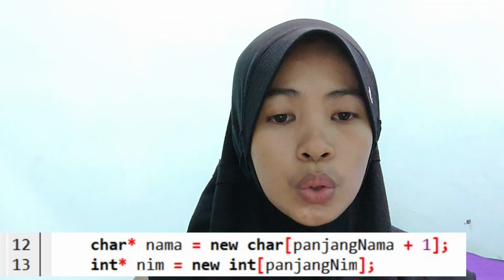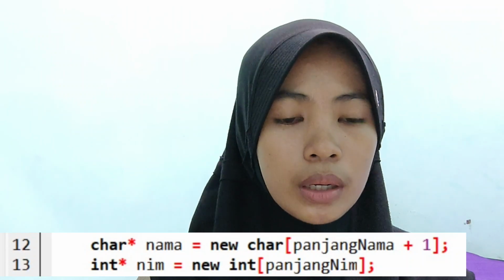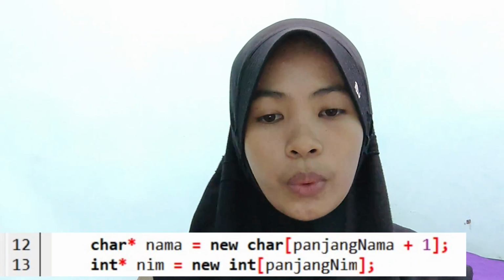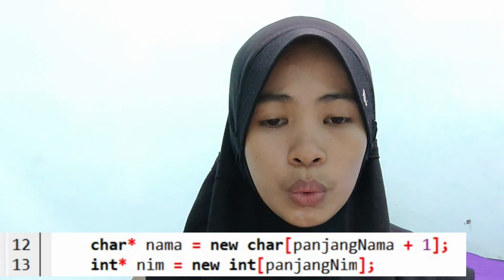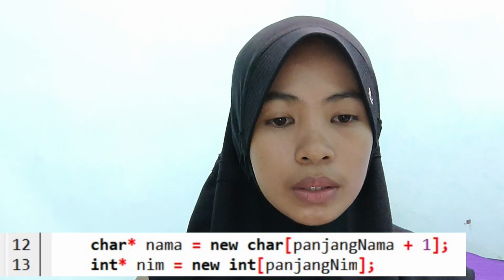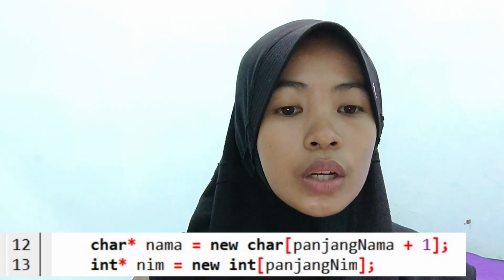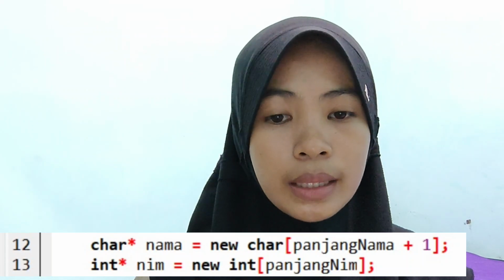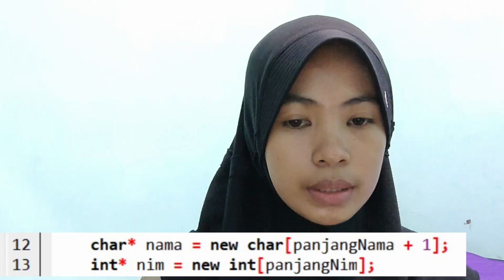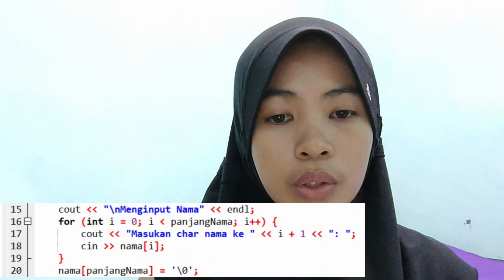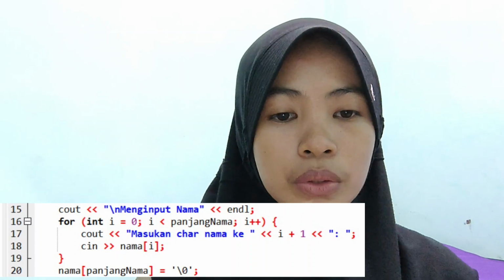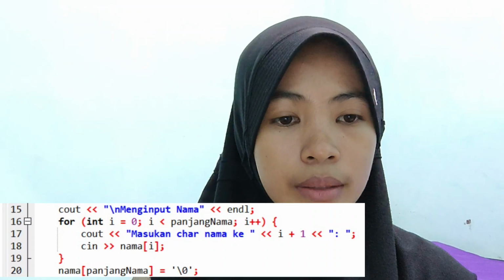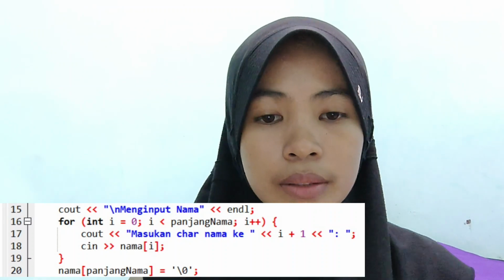Plus 1 is used to store a null character at the end of the string to mark the end of the string. int* number = new int[length number] creates a pointer to an integer array of size length number to store the numbers. Nickname input: use a loop to prompt the user to enter characters one by one for the nickname. A null character is added at the end of the nickname array to mark the end of the string.